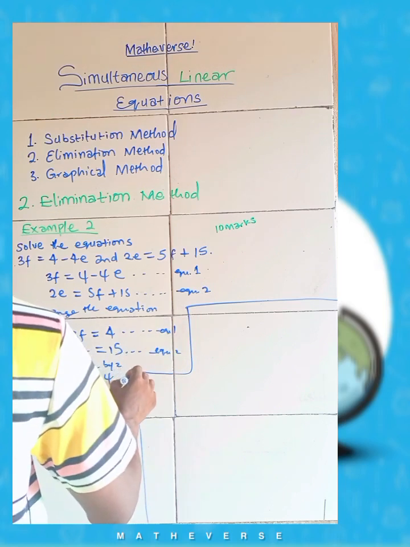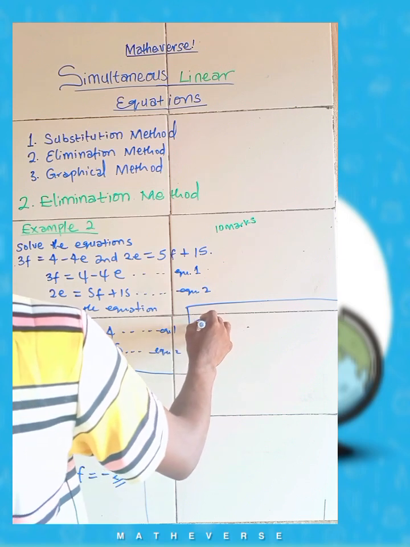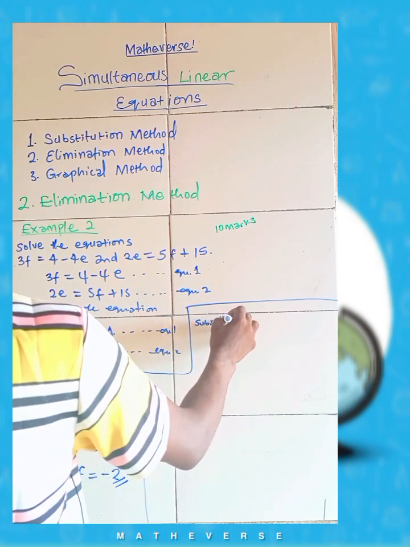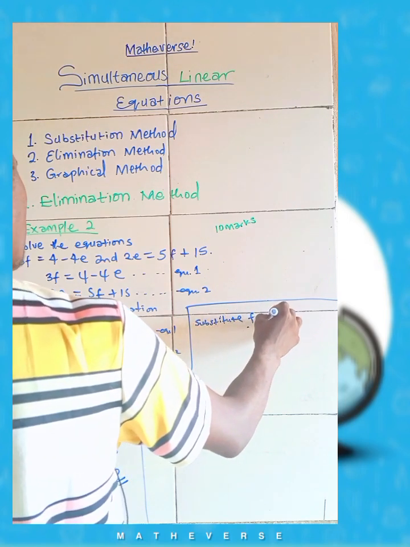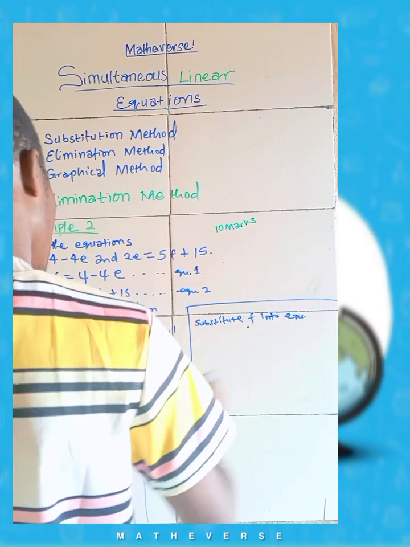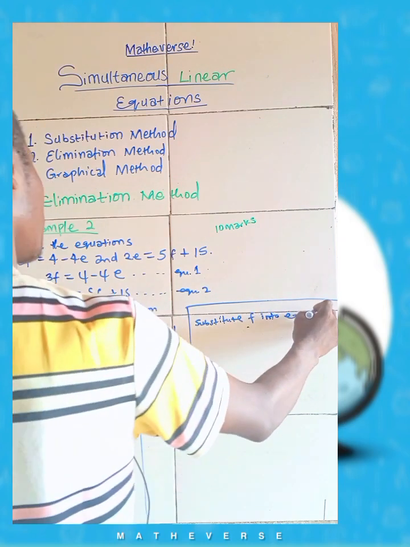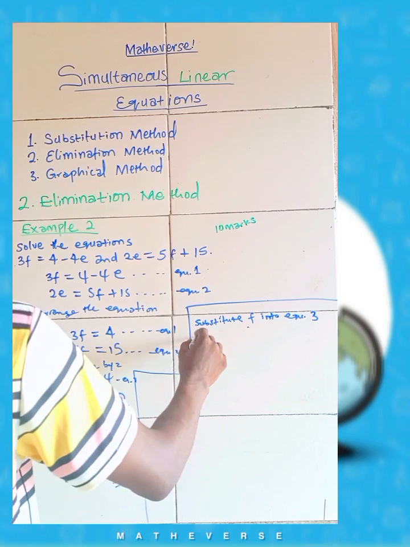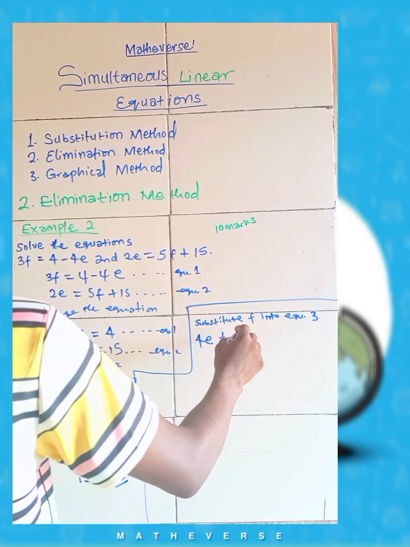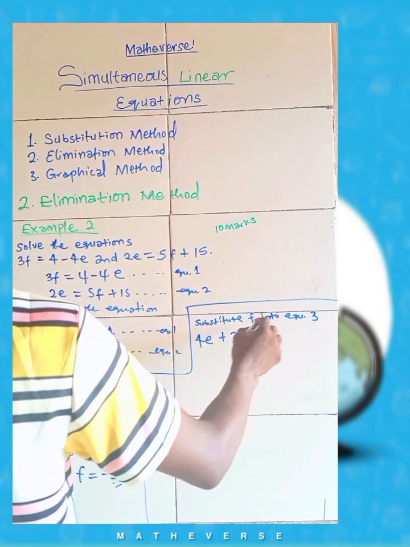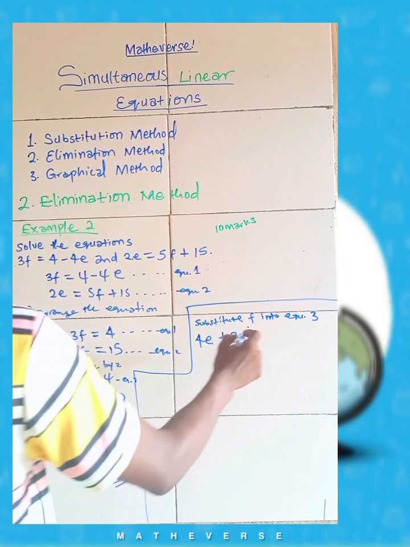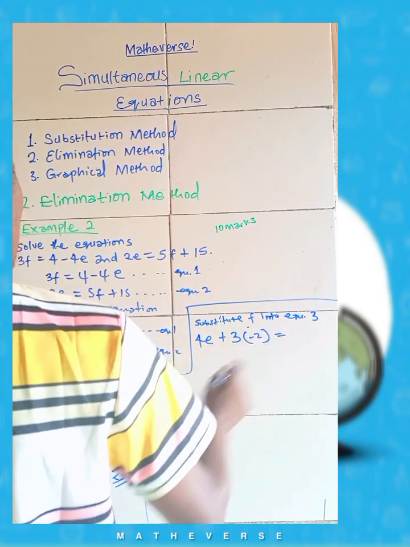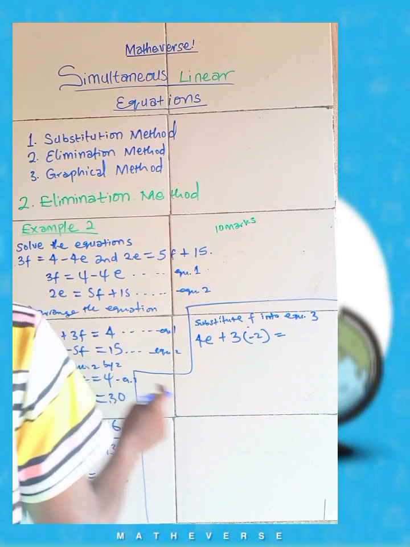Well, let's call it equation 3. Substitute f into equation 3. And we have 4e plus 3f is what? 3 times, open bracket, minus 2, close bracket, equals what? 4.